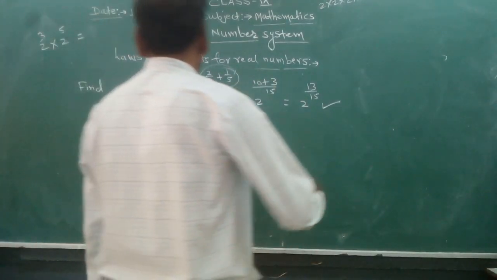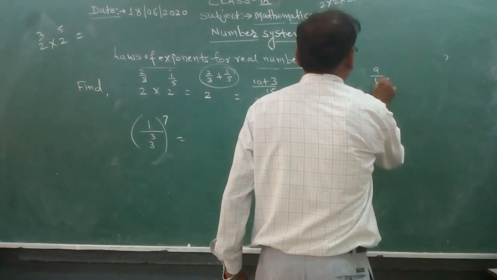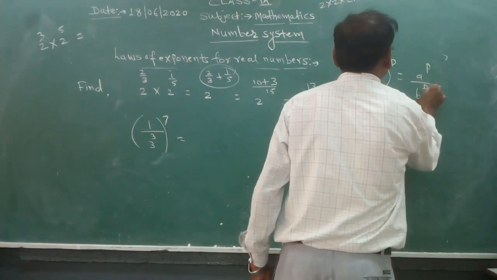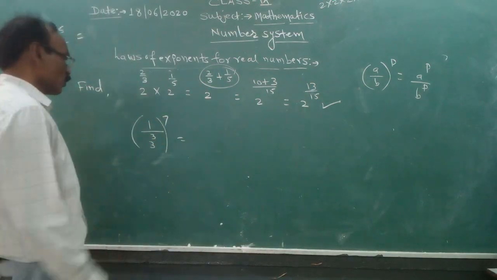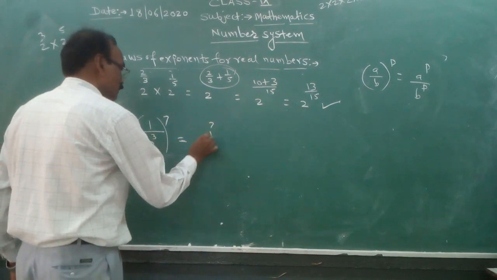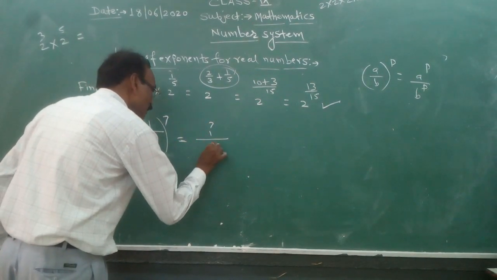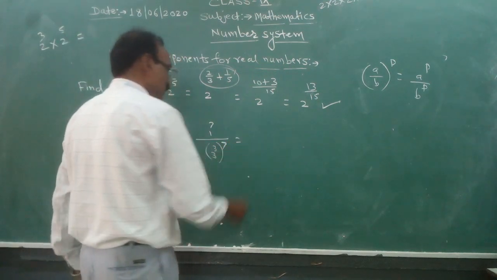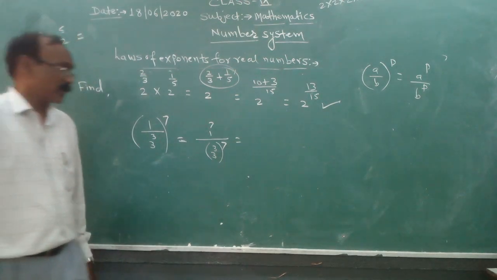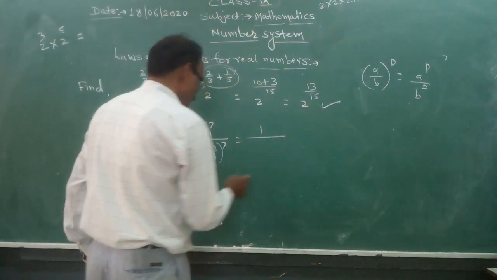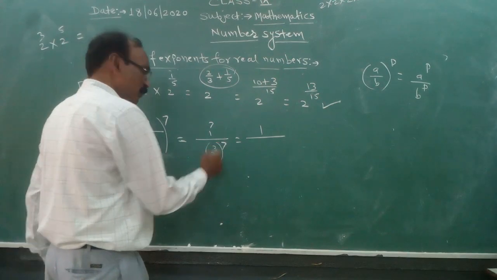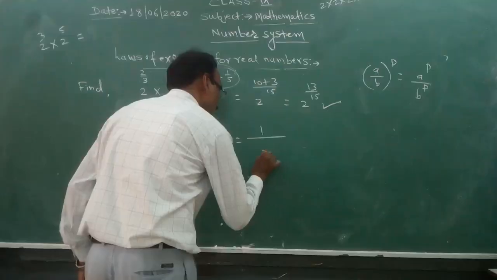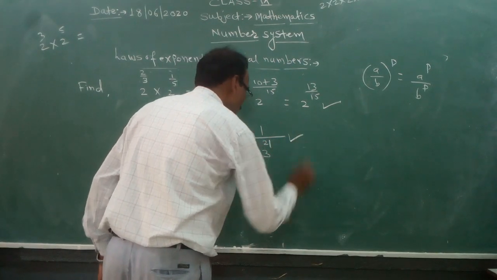So जैसे हमने देखा था, a अपॉन b का पावर p है, तो a का भी पावर p होता है, b का भी पावर p होता है। यहाँ 7 जो दोनों का पावर है, 1 का पावर 7 अपॉन ये जो 3 क्यूब है उसका भी पावर 7 हो जाएगा। 1 का पावर 7 मीन्स 1 into 1 into 1, 7 times, तो अगेन 1। यहाँ 3 का पावर 3 and whole power 7, so 3 का पावर 21 है। So this is the answer.